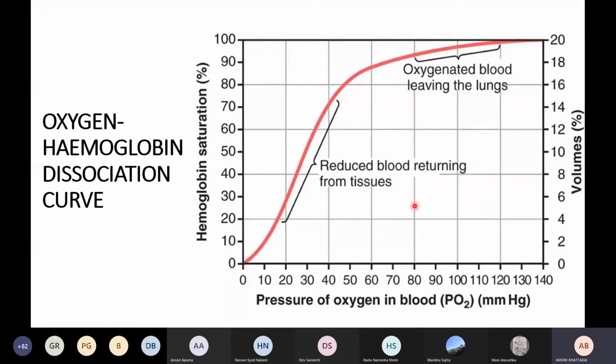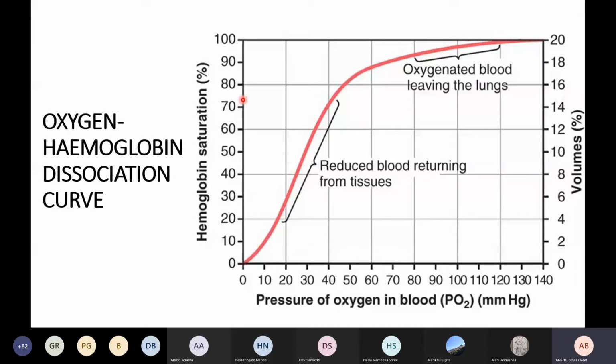And as the partial pressure drops, the blood is now coming from the arteries and going to different parts of your body, and oxygen is continuously being taken up by the tissues, right? So when that happens, the partial pressure of oxygen continues to drop. And even when the partial pressure of oxygen drops to about 40 millimeter of mercury, so now you know that in venous blood the partial pressure of oxygen is about 40 millimeter of mercury, even in this state the hemoglobin saturation drops only to about 70 to 75%.